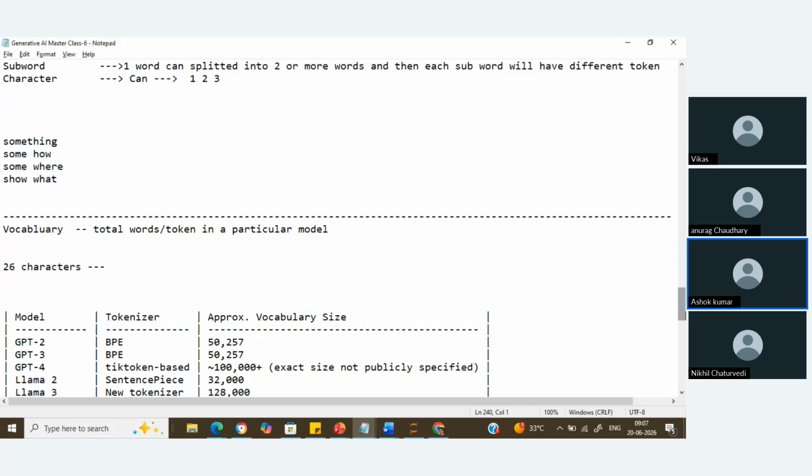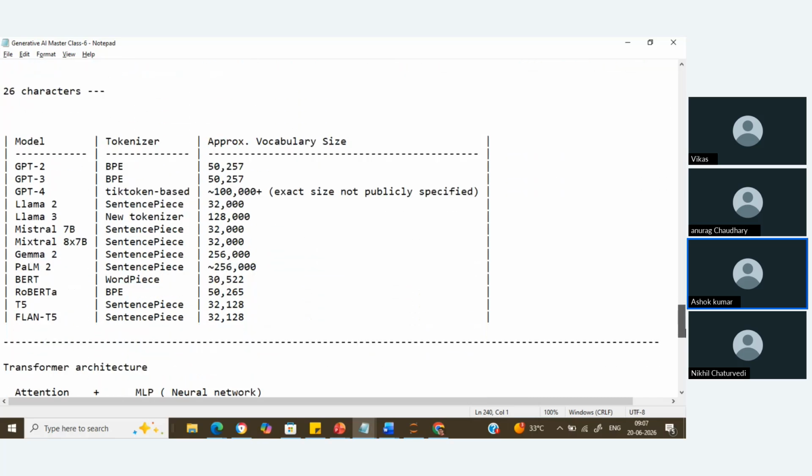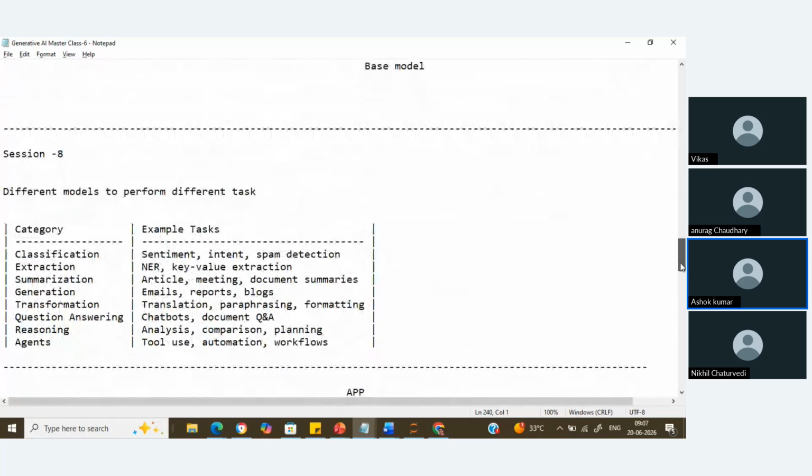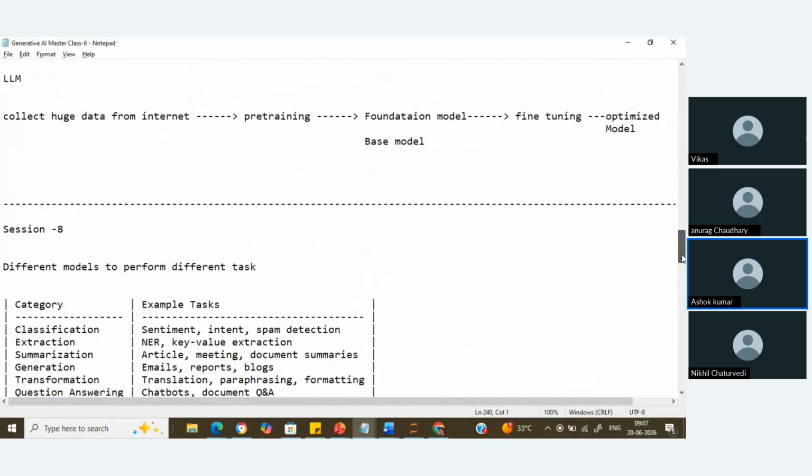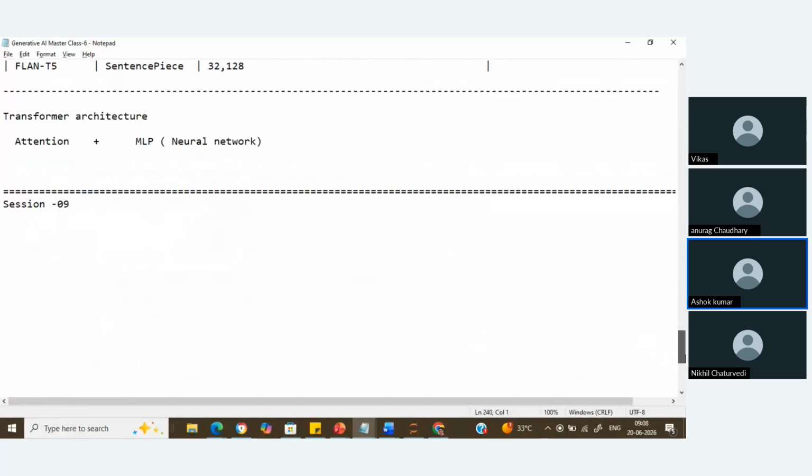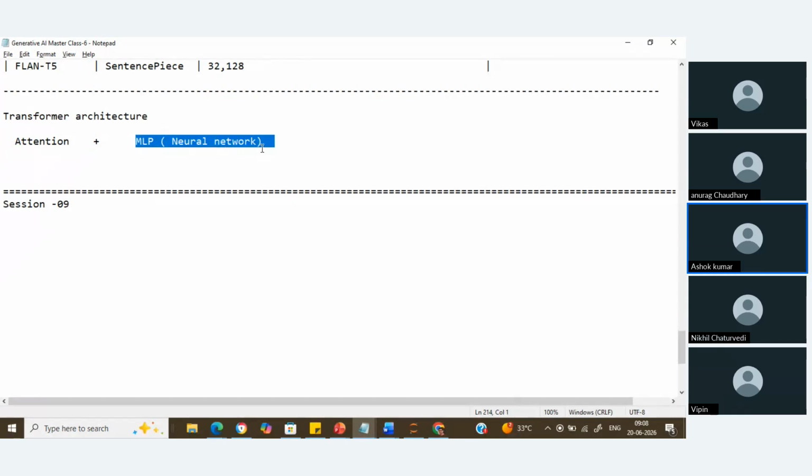Without the transformer architecture, this is not possible. If we discuss the transformer, there are two building blocks, attention and MLP. Attention is retaining the context. MLP is to fetch the information from the external world.